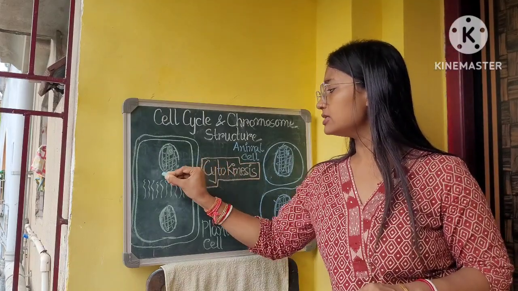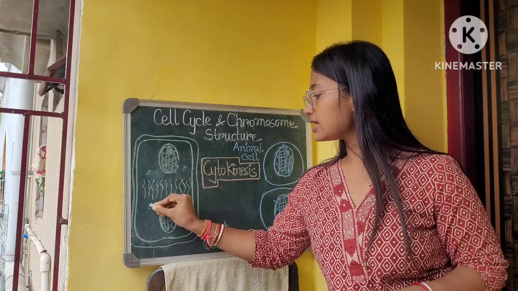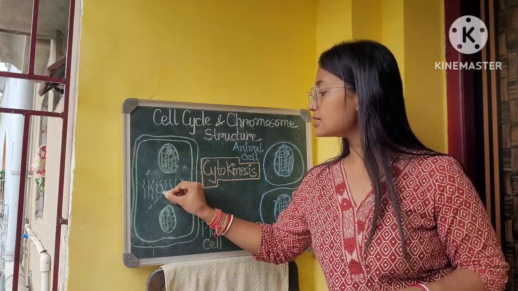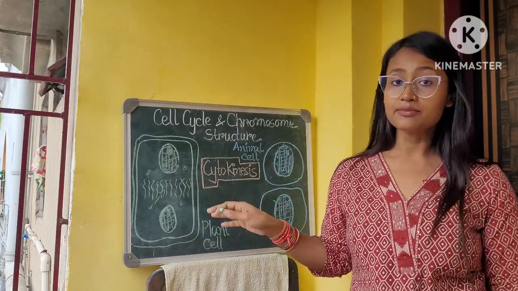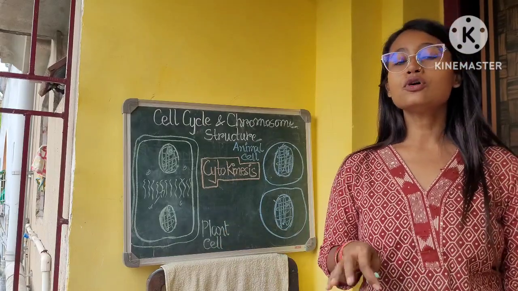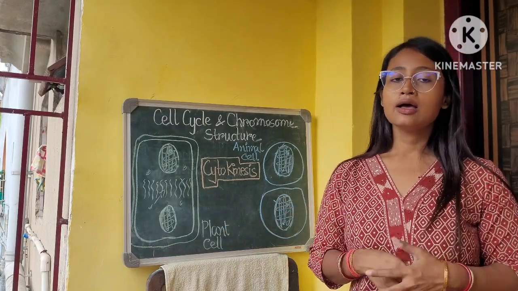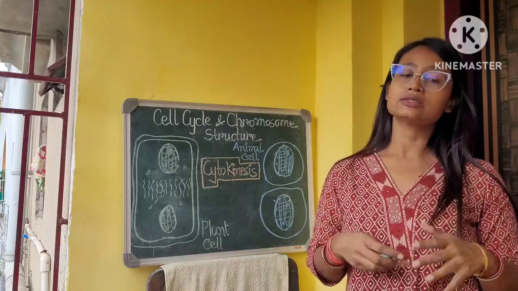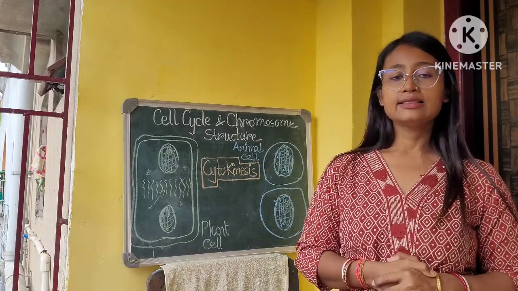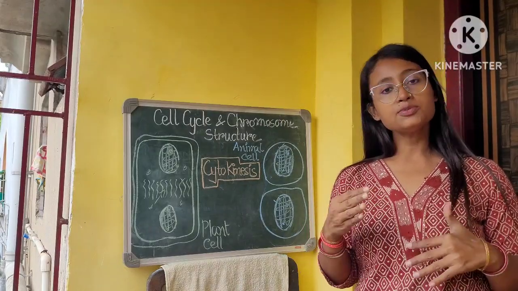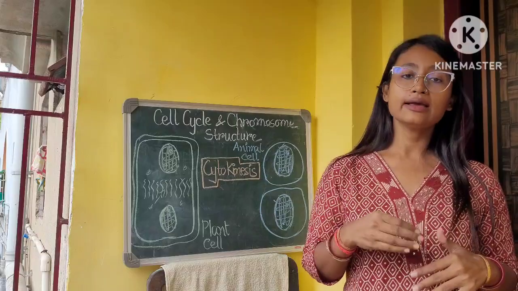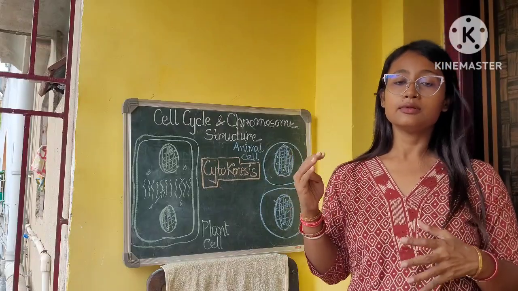All the Golgi bodies in the plant cells get fused with these interzonal fibers, and after fusion they make a plate-like structure which is known as a cell plate. This cell plate gradually develops and forms the middle layer of the cell wall.